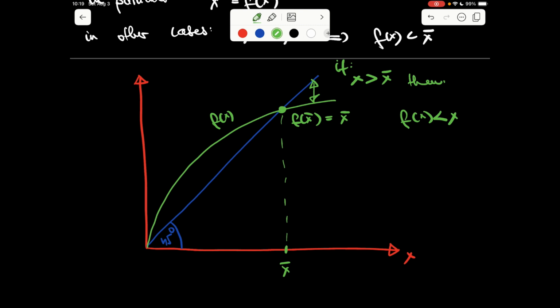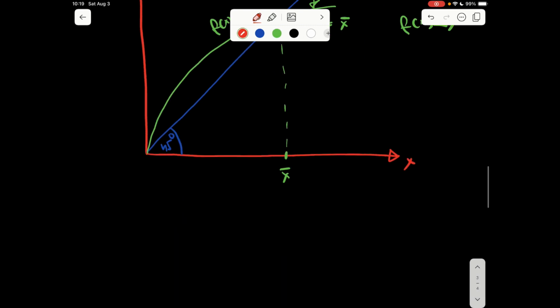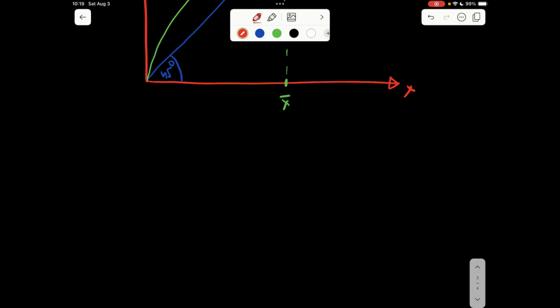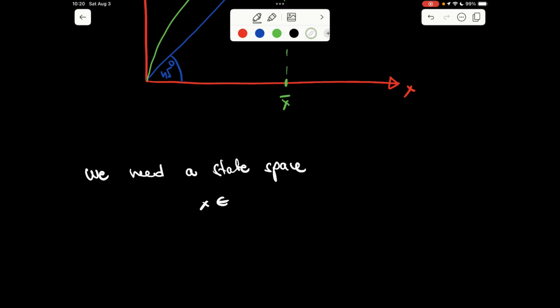Okay, when solving the problem appropriately, we need a state space in which the state moves. So x moves in this closed interval. It cannot be negative.